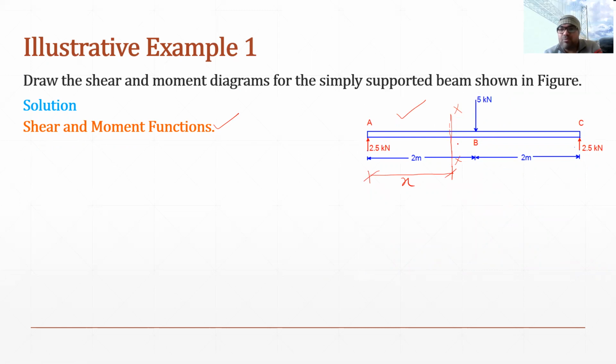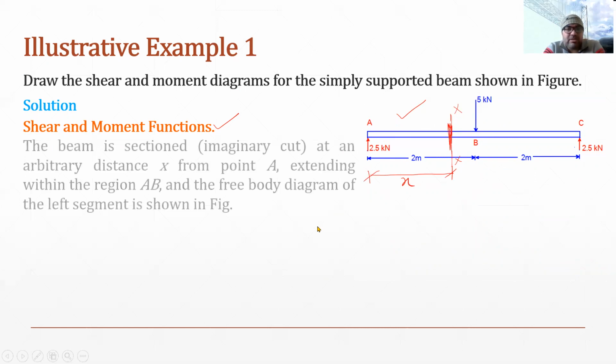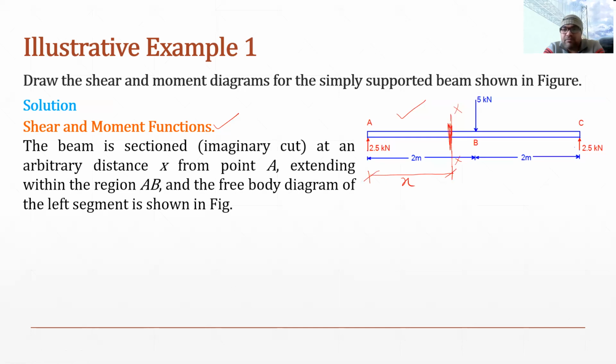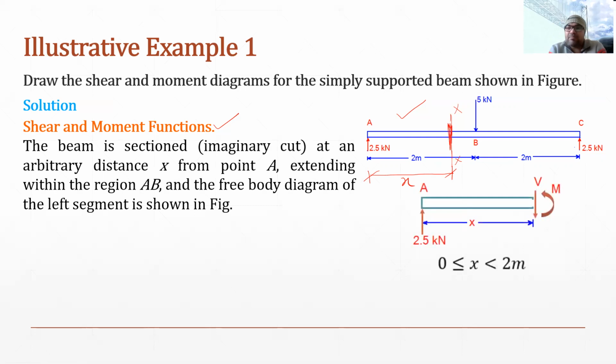In the free body diagram, at this point there will be shear force and bending moment, as we have discussed in the previous part. Now I will be showing you the free body diagram of this segment. It will be shown like this.